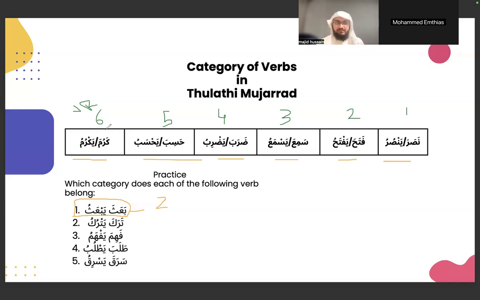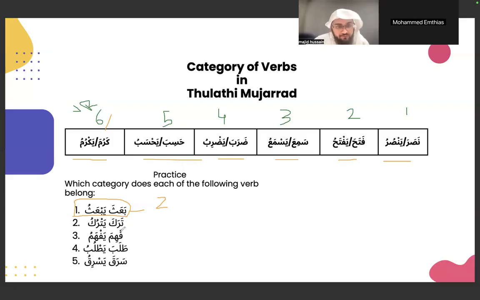Any verb that comes from this bab will have a specific meaning, that particular verb is describing an adjective. So these kinds of meanings of different verbs we will come to know as we practice, inshallah.